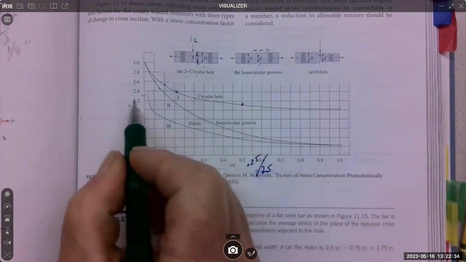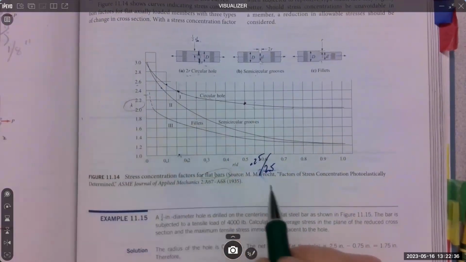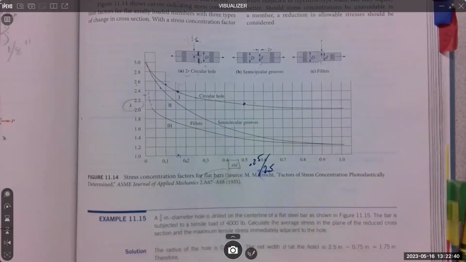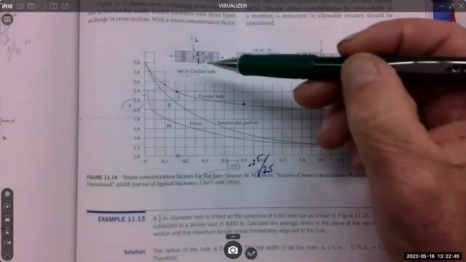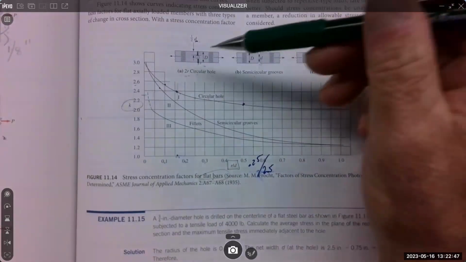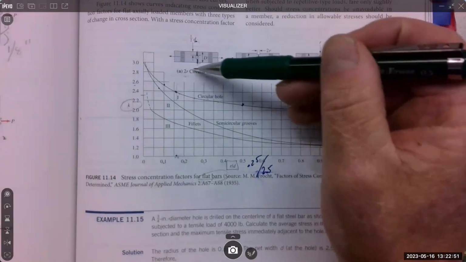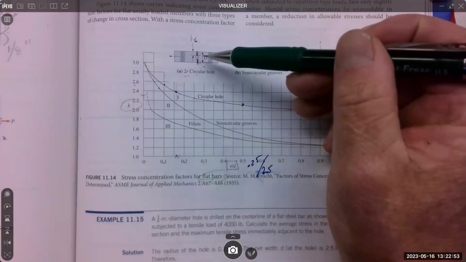Here's the K factor, and here is the R to D ratio. R is a little different for each case, and it's identified within each little diagram.